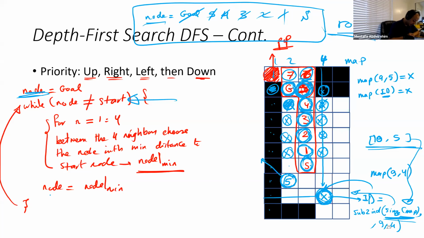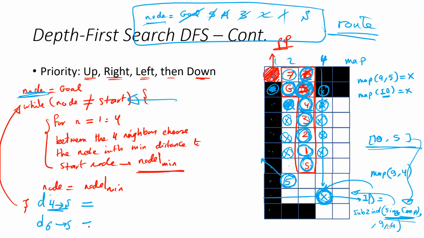We want to compare the distance of this node, node 4, to the start, and the distance of this node, which we call 6, to the start.